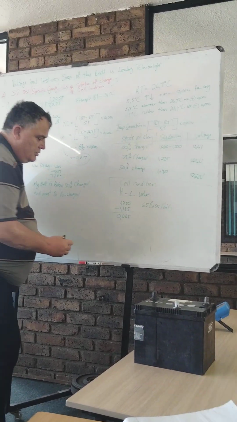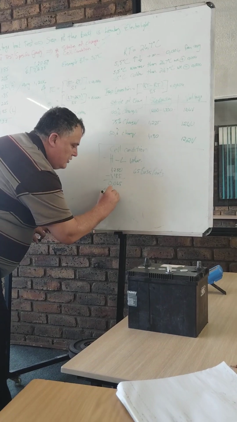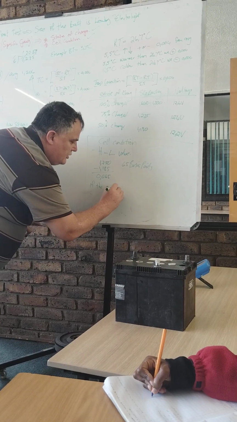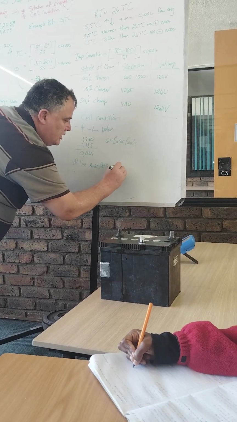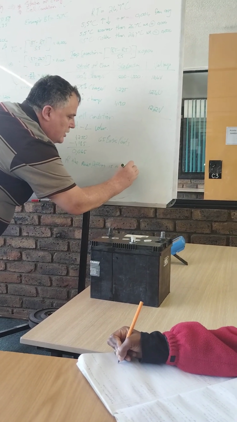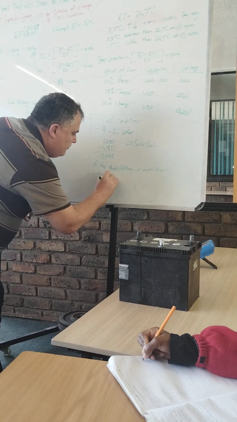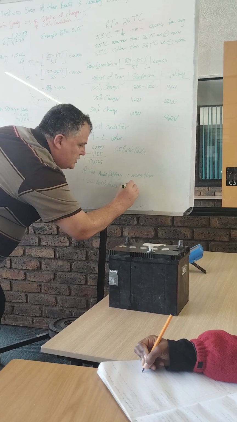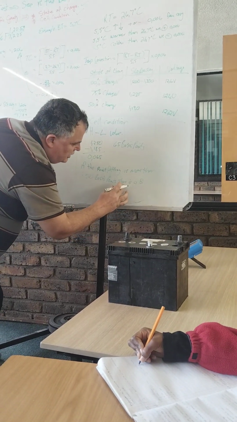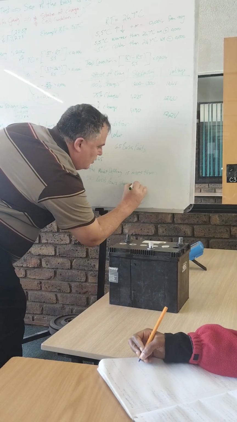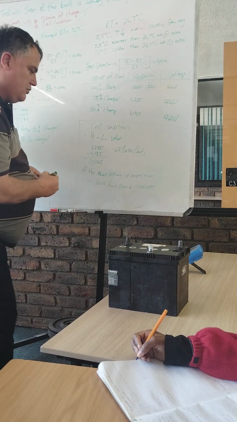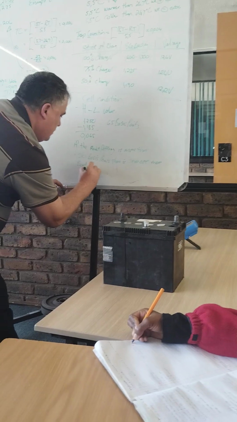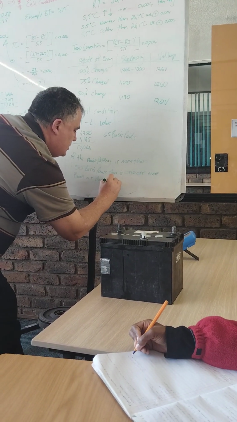So now, this is saying, if the difference or the point difference is more than 50 basis points, there is one or more bad or damaged cells.